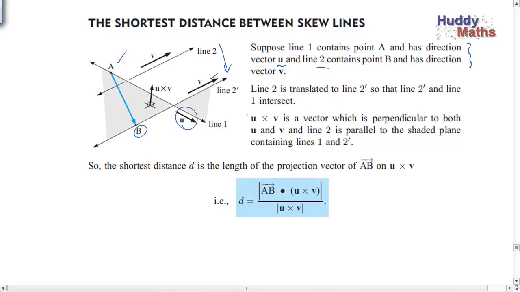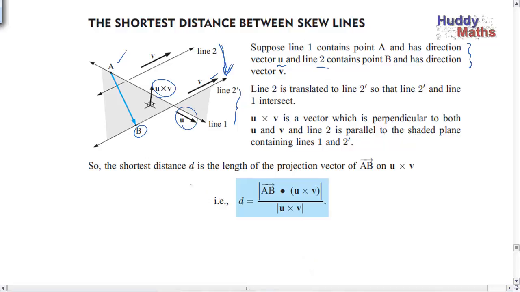Now, U cross V is a vector perpendicular to both U and V, and line 2 is parallel to the shaded plane containing line 1 and line 2. So that's the idea of just translating it straight down, so it's parallel.